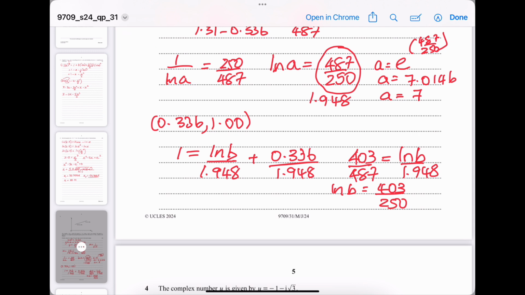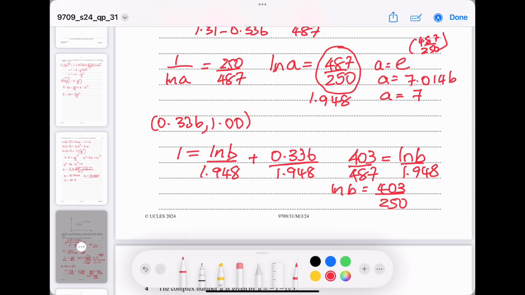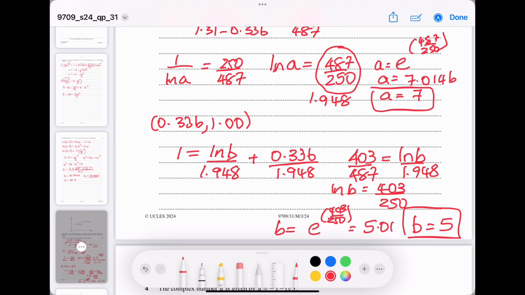Oops, I'm running out of space. So e to that power, 403 over 250, gives me 5.01, which gives me b, sorry. So b is 5. So there's our two solutions.